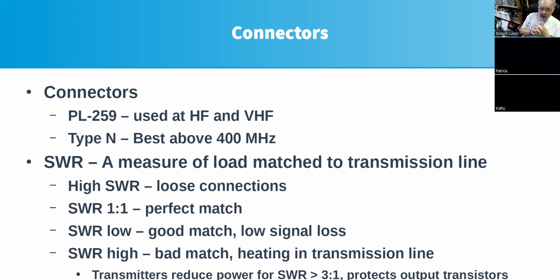We mentioned SWR, which is a way we measure how well the transmission line is matched to the antenna or the load. So if you had a perfect match, meaning your radio was 50 ohms, your transmission line was 50 ohms, and your antenna was 50 ohms, in theory, you'd have an SWR of 1:1, which would be a perfect match.